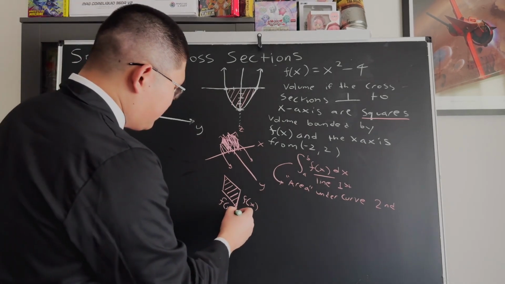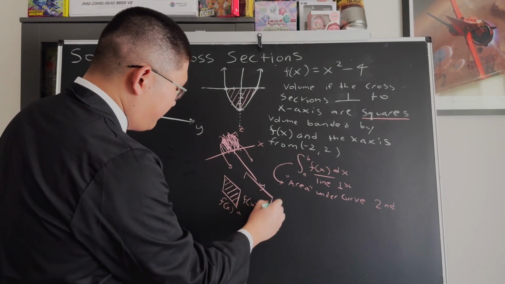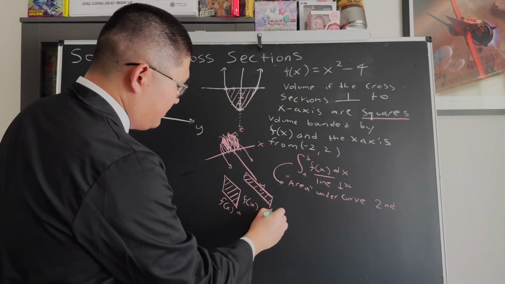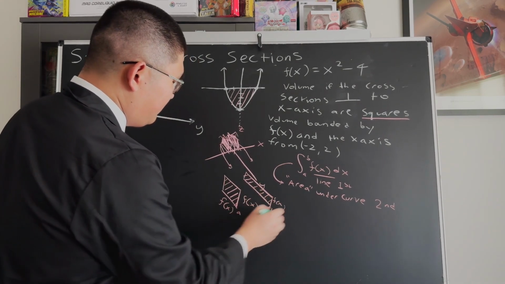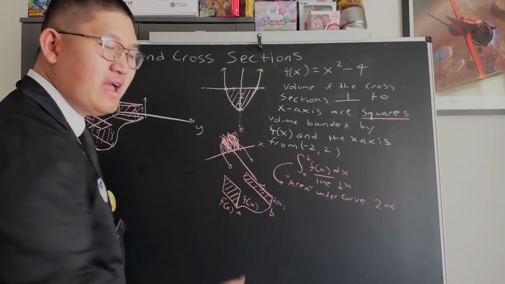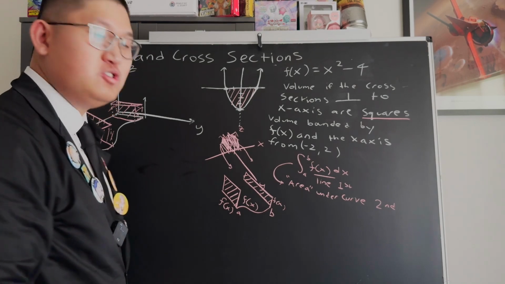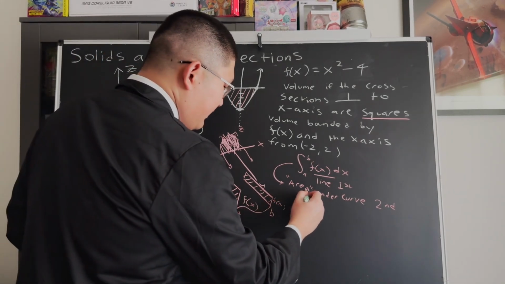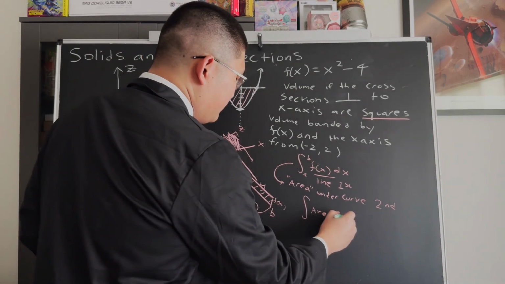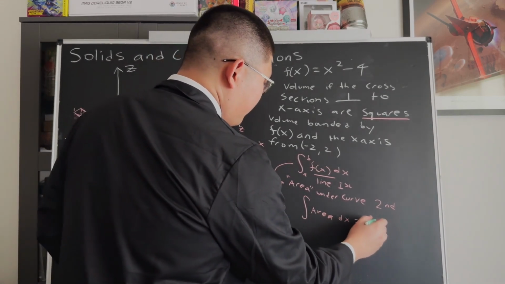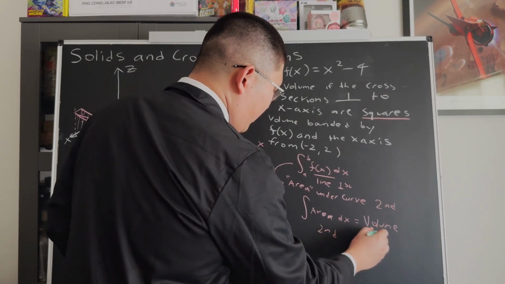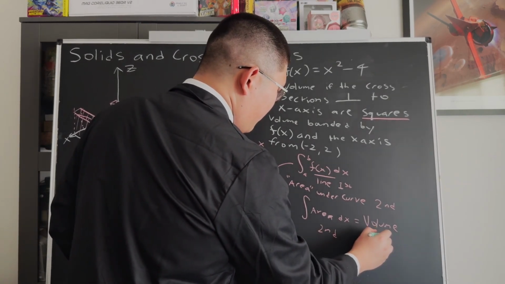Well, if our limits are going from a all the way to b for that same function, and we were to integrate all the squares along the way down that path, would you look at that? If we were to take an integral of an area across the function, then that will give us a volume, starting from the second dimension and going into the third dimension.